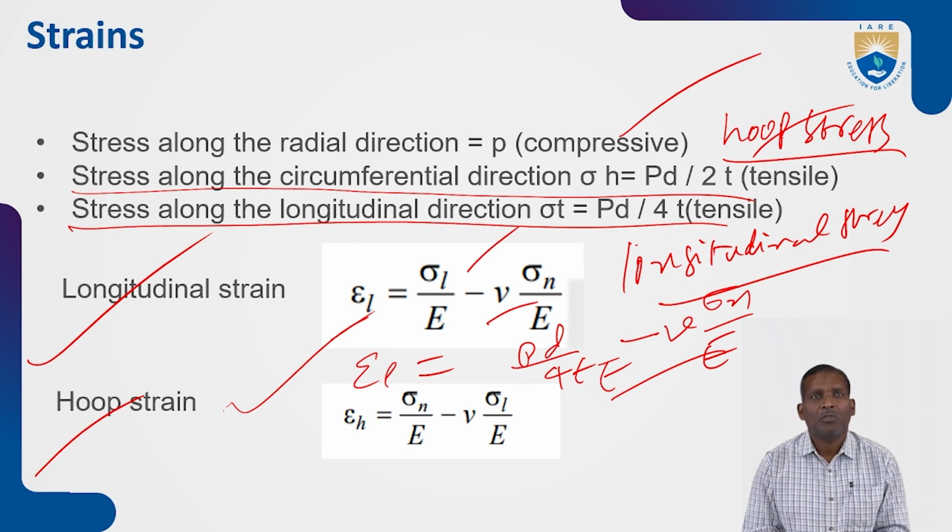Similarly, for hoop strain, also substitute the above values, and we will get the hoop strain. So like this, we need to analyze what stresses are induced in thin cylindrical shells and then the strains.